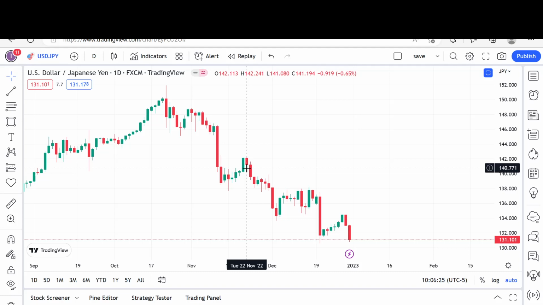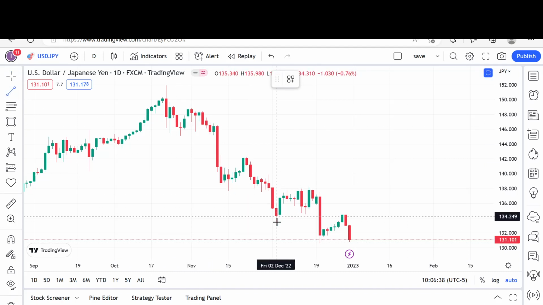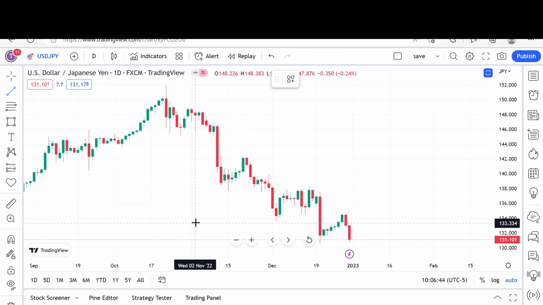Whenever you have support broken that becomes resistance, in many cases, it will give you some really good shorting opportunities, really good selling opportunities, okay? So this is our previous level of support. Remember, what is support? Support is an area on a price chart where price has failed to move lower in the past.